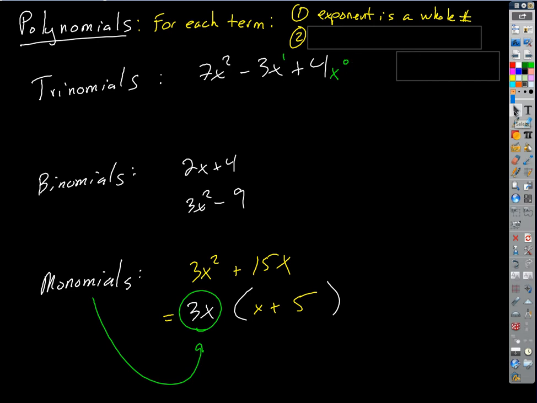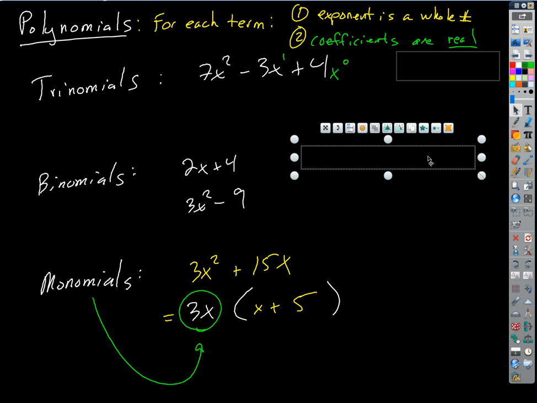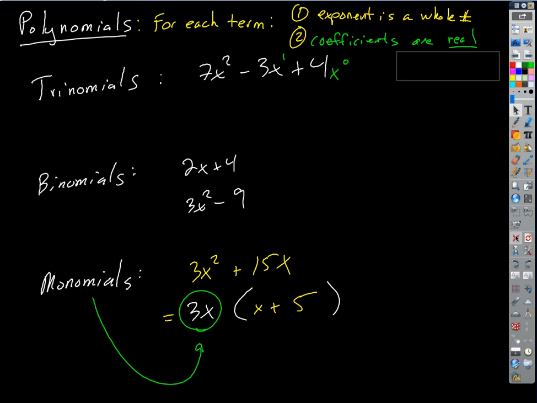And then the other thing is that the coefficients have to be real. But they could be any kind of real number. They could be irrational, could be pi, could be square roots, they could be fractions. They don't have to be nice, neat integers like these.